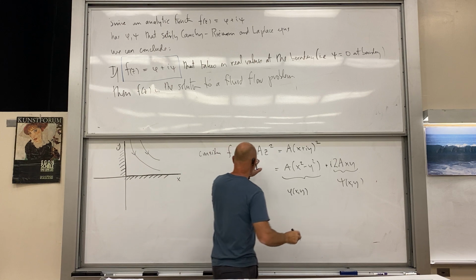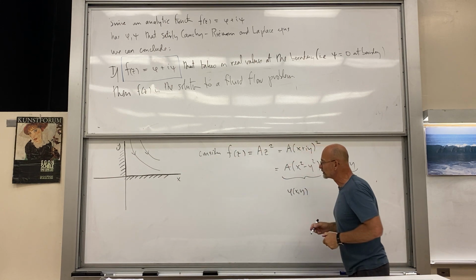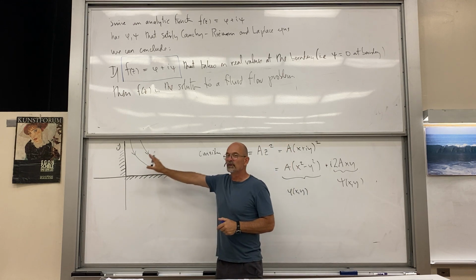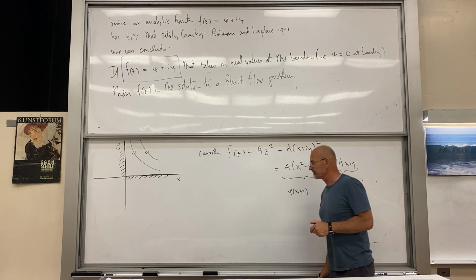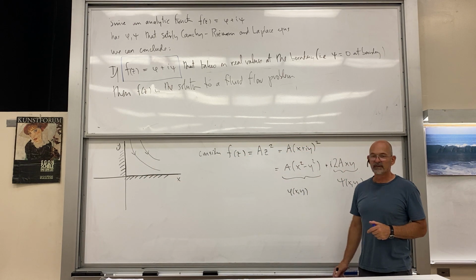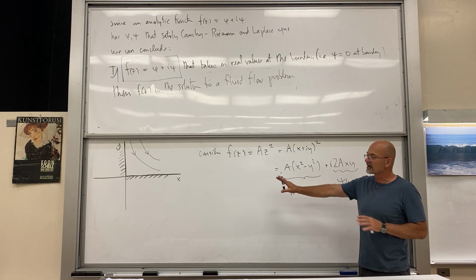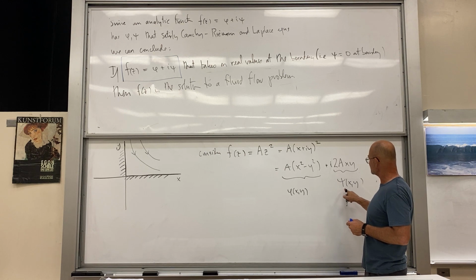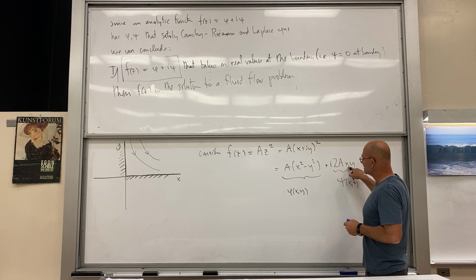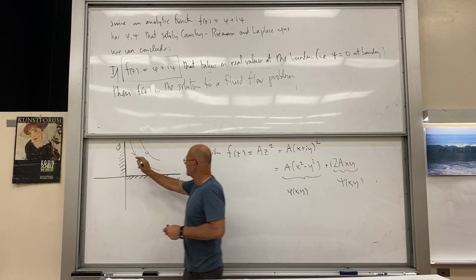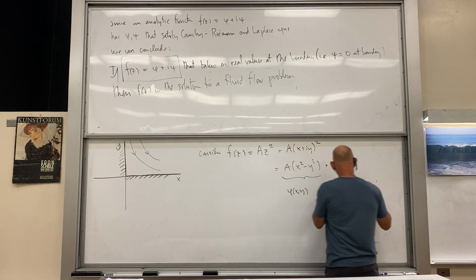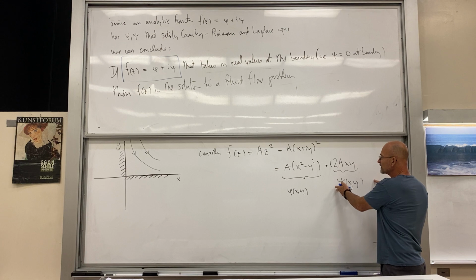So f of z equals some constant times z squared is actually the function for this fluid flow. Of course, if I hadn't known this, it might have taken a while to find it, but I'll tell you later how you can extend these ideas a little more. So when x is equal to 0, we're here. When y is equal to 0, we're here. So that is satisfying these boundary conditions.